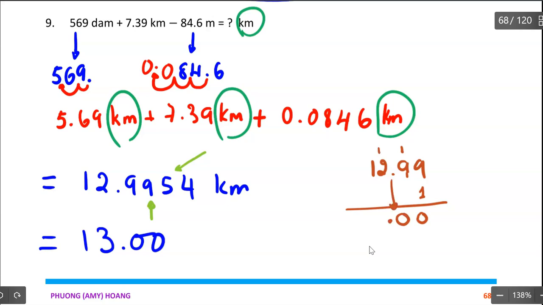Bring down the decimal point, and 1 plus 2 is 3, and the 1 just stays the same. So in this case, I have 13.00, and I had to leave the zeros because it's asking me for 2 decimal places. So 2 decimal places, you have to leave the 2 zeros in this number. So now you see 13.00 is very close to 12.9954. So don't forget the unit, which is kilometers.